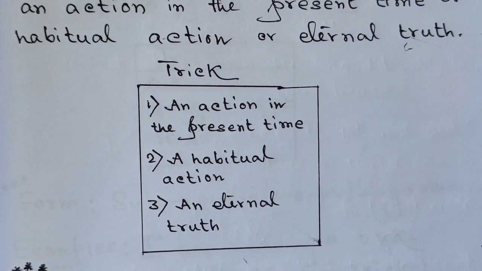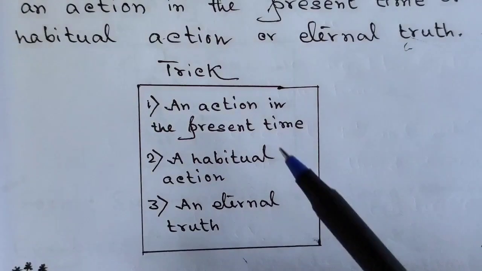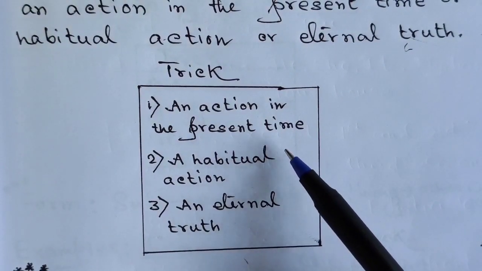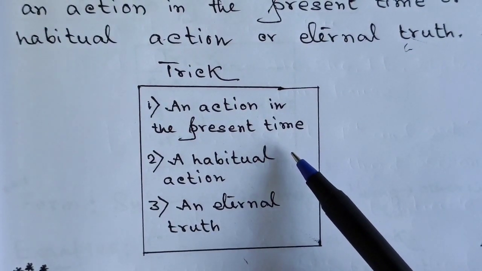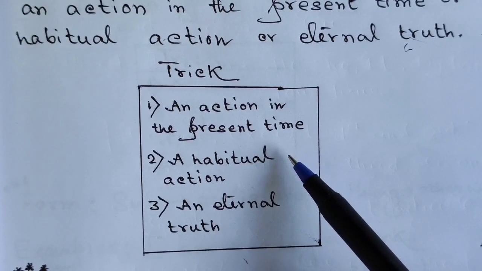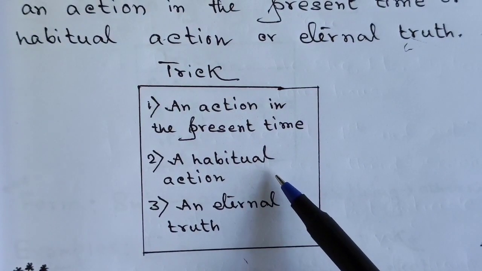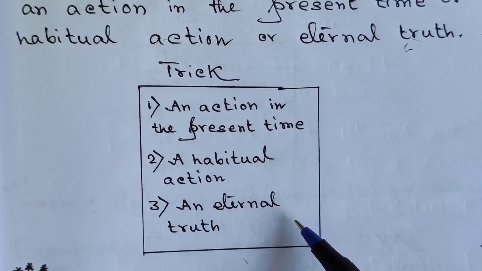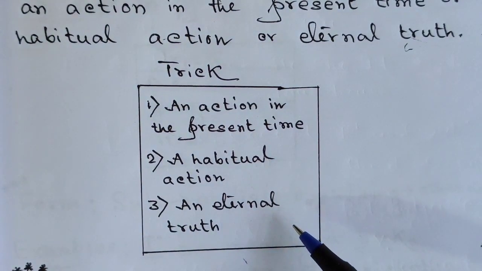If you can remember and keep these points in mind, I think you don't need to go through the definition of present indefinite tense or remember it. Okay? The first point is it is an action in the present time. That means present indefinite tense refers to an action in the present time, or it refers to a habitual action, or it refers to an eternal truth or a universal truth. An eternal truth is also known as a universal truth.